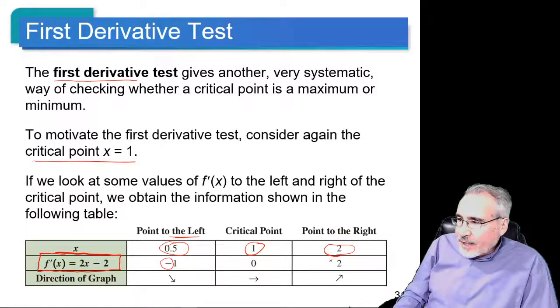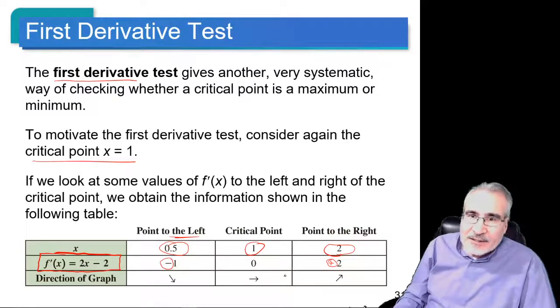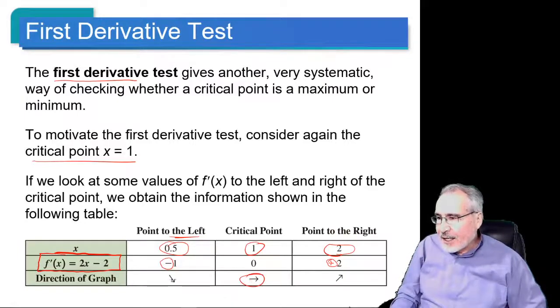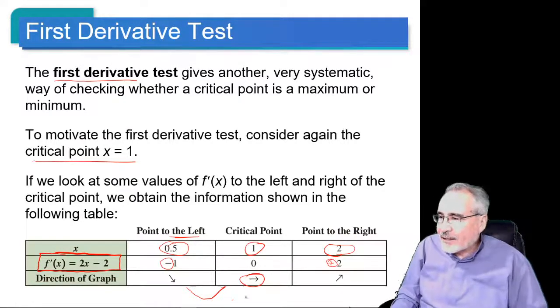To the right, the sign is positive. We don't write it, but it is positive, so it's going up. And then at the critical point, the sign is neither positive nor negative. The derivative is 0, so it's neither increasing nor decreasing. It's constant. And you can see we are going down, constant, up. And now the constant is just at a point, so it's not really flat there.